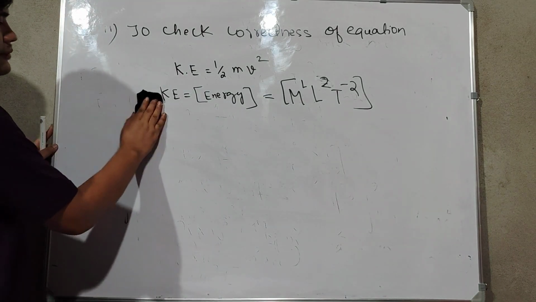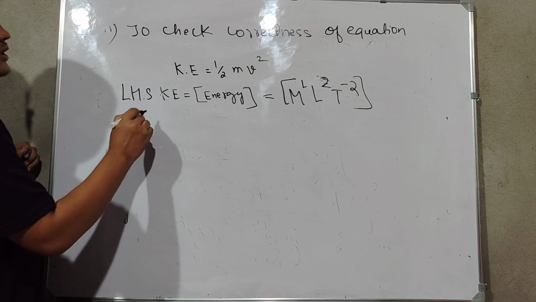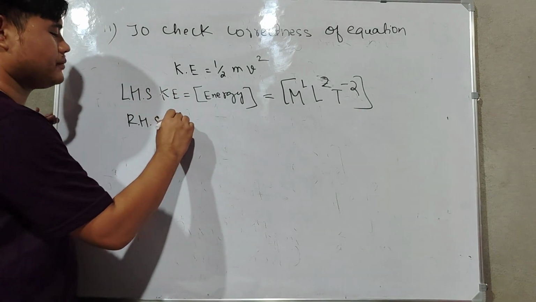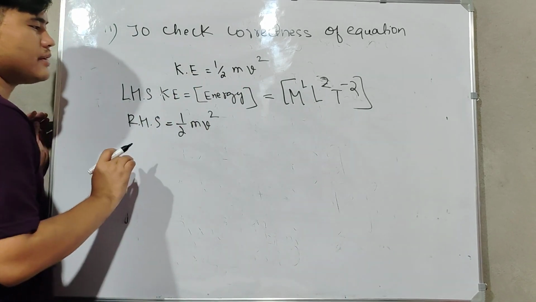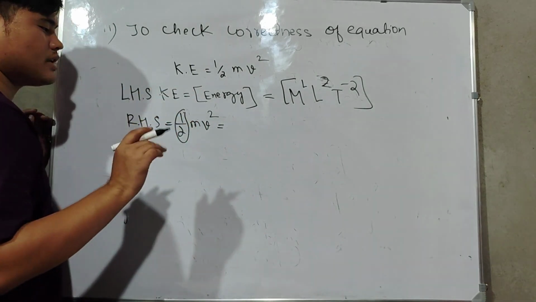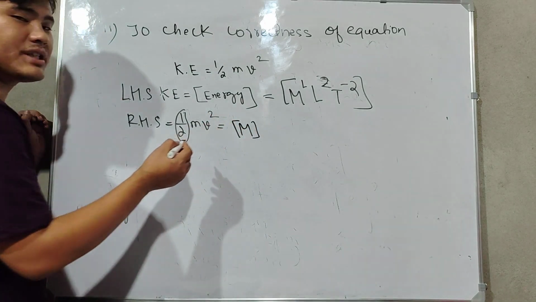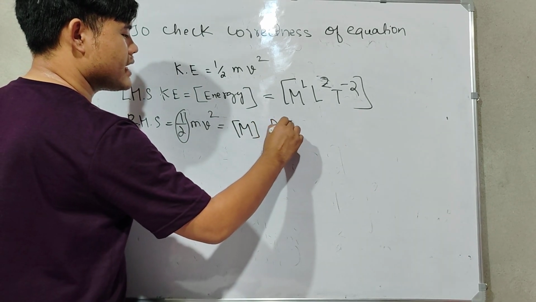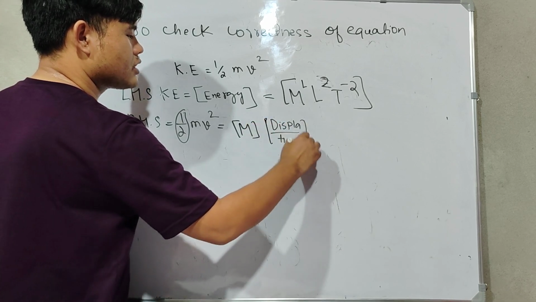So the LHS of kinetic energy is equal to this much. Now the RHS, what do we have? Half m v square, where m is mass and v is velocity. Half is a constant, so constants we don't need. Now mass m, and v means velocity, which is displacement by time, and then we have the square also.